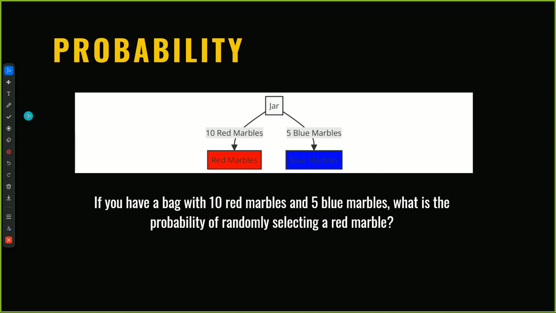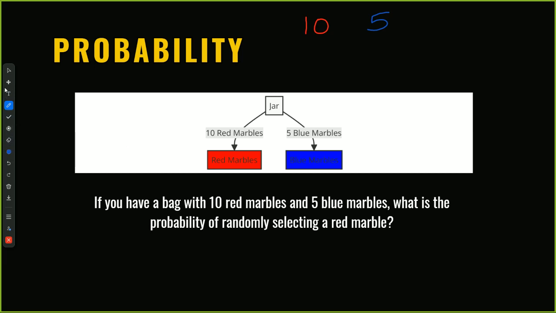Now, if I ask you, for example, if you have essentially 10 red marbles out of 5 blue marbles, what is the probability of randomly selecting a red marble?